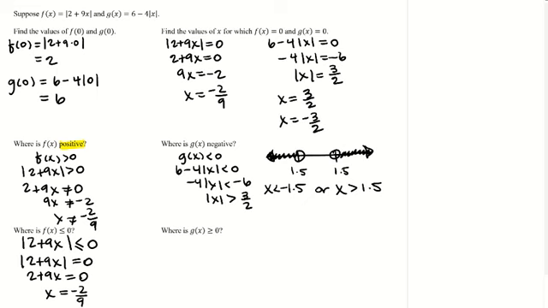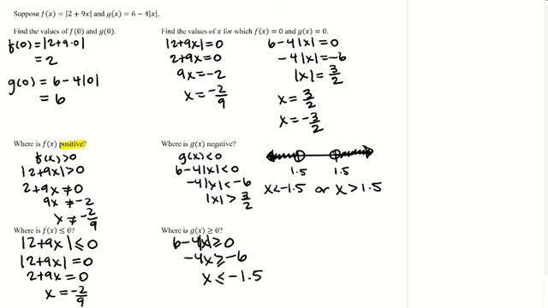And then where is g of x greater than or equal to 0? Okay, well, you can't just say all real numbers because g of x is not just an absolute value. So 6 minus 4x greater than or equal to 0 when negative 4x is greater than or equal to negative 6. I divide by negative 4, and I'm going to get x is less than or equal to negative 1.5.